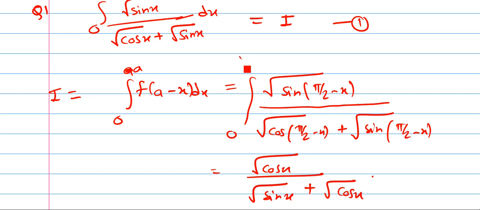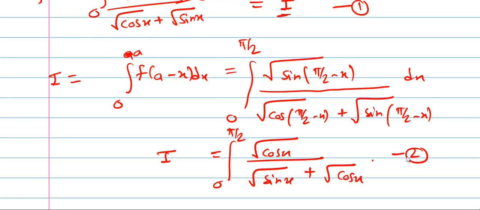So 0 to pi by 2, this is also your I. Okay, so by using this property, both are the same: integration 0 to a f of x dx is the same as integration 0 to a f of a minus x dx. So I have calculated integration 0 to a f of a minus x dx, integration 0 to pi by 2 of these values. So this is my equation number 2.